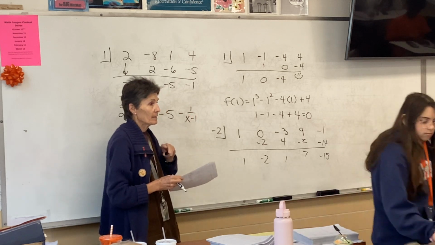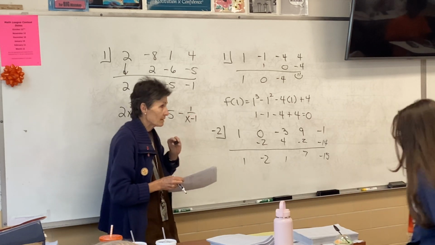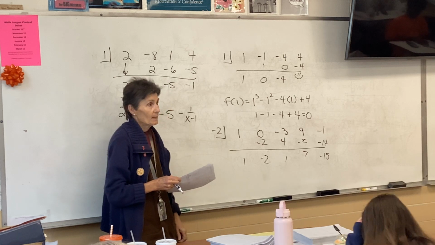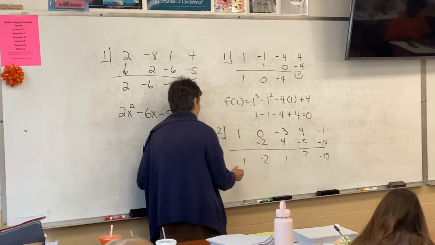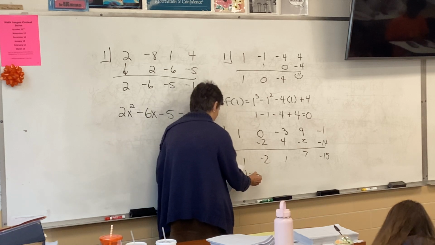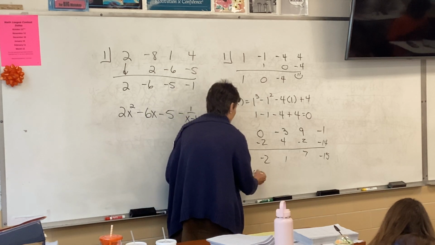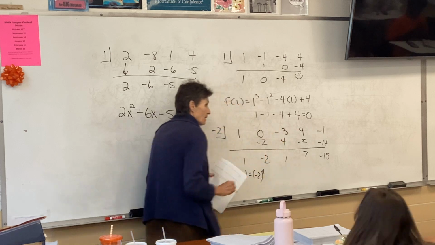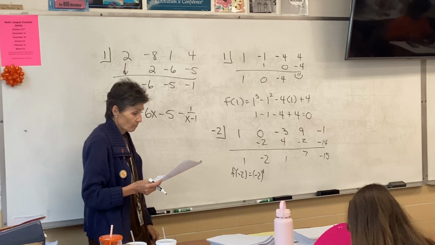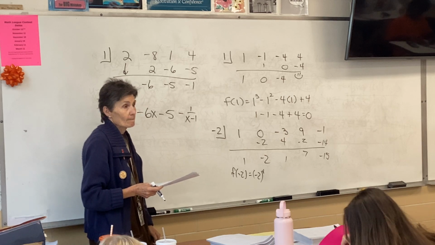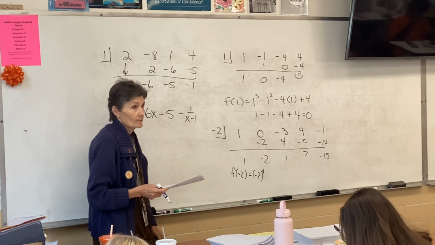Did anybody plug in? Did you get -15? Yep. So again, I divided out. You could plug in -2 and be your problem. So you have -2 to the 4th, and so on down the line. It'll work either way, doesn't matter. Whatever's easiest for you. Okay?